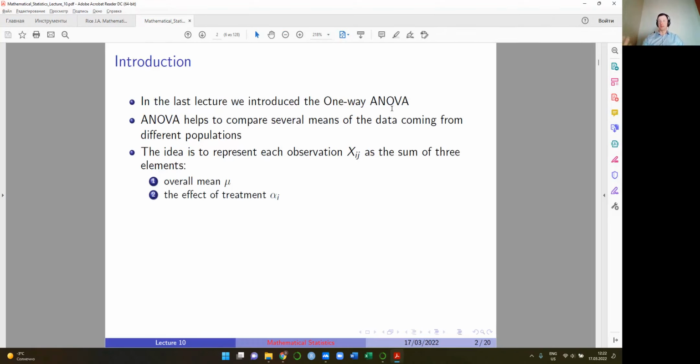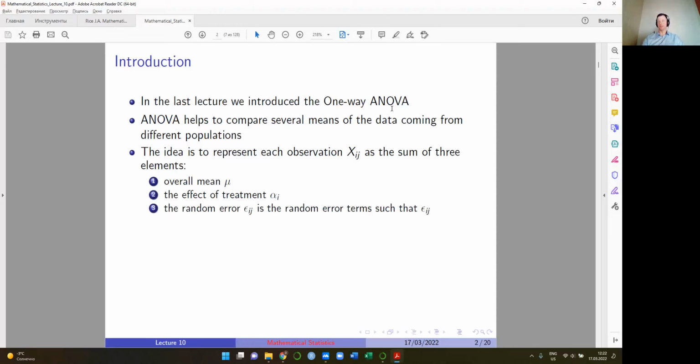Then there is an effect of treatment, depending on the technology you use, maybe depending on the place where you make this extraction. There is a different effect. And the third part is a random error.